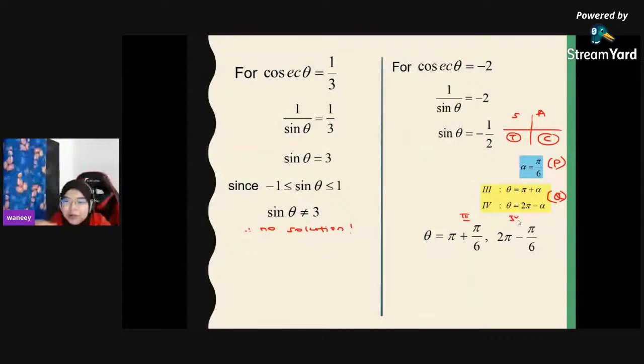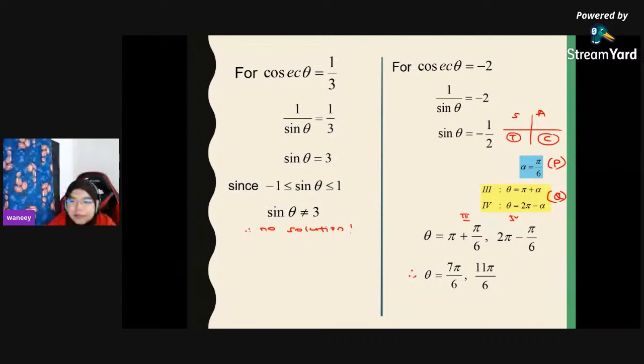Pi plus pi over 6: 6 pi over 6 plus pi over 6, so 7 pi over 6. And then 12 pi over 6 minus pi over 6, so 11 pi over 6. That is our final answer. So we only have two solutions for this.